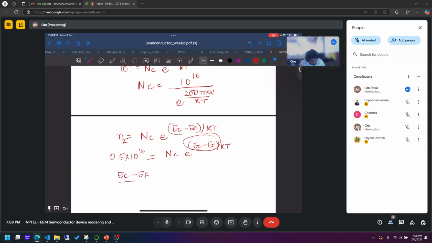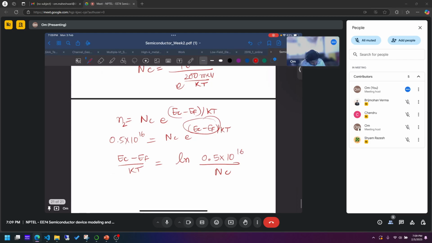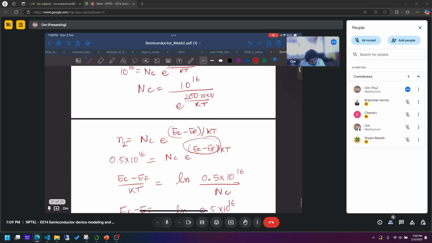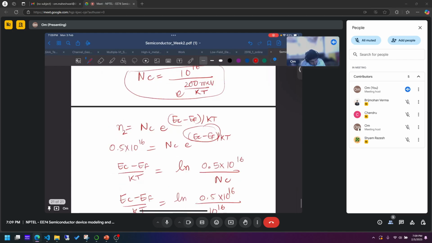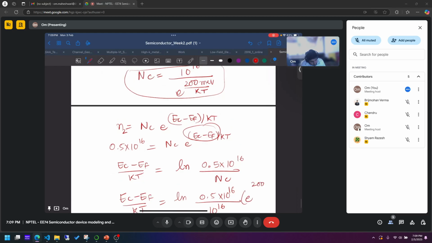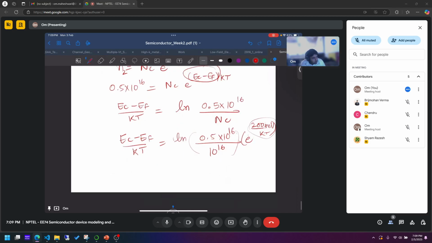So here we have to find EC minus EF by KT. EC minus EF by KT is ln of 1.5 into 10 to the power 16 by NC, and NC is 10 to the power 16 into e to the power 200 millielectron volt by KT. If I take this in ln, this e to the power thing will come out.